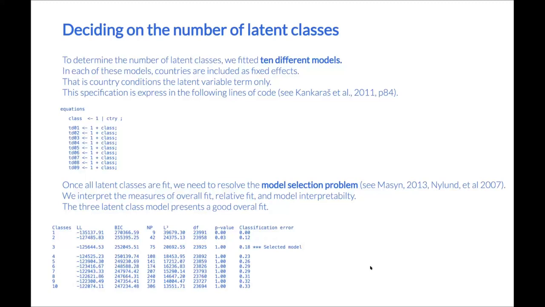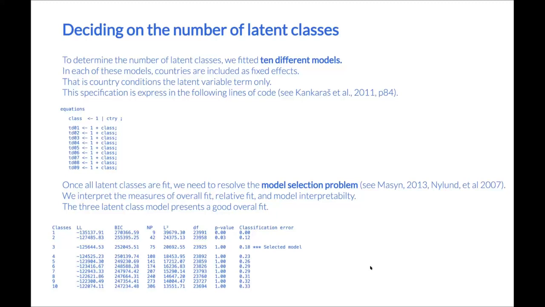One of the main issues with latent class analysis is that you need to build up an argument for why you came to the conclusion that this solution is the best one among any other alternative. This is the problem of model selection. There are many judgments that you can make, but most of the implementation requires that you fit the alternative models that may compete with the solution that you're choosing.